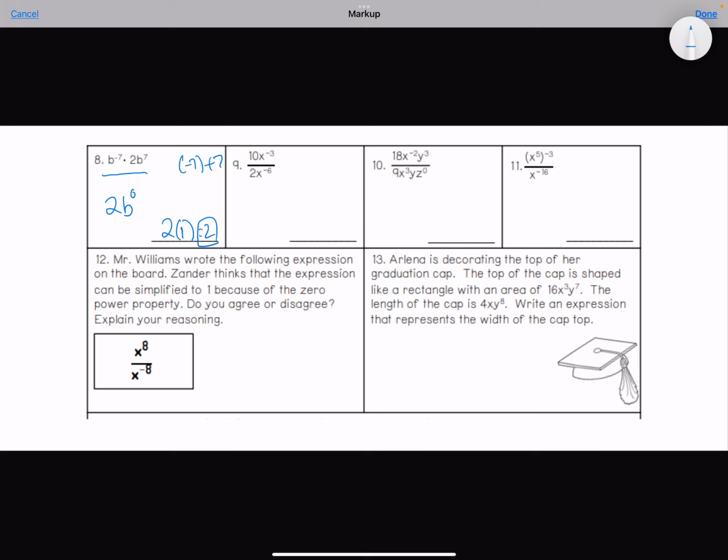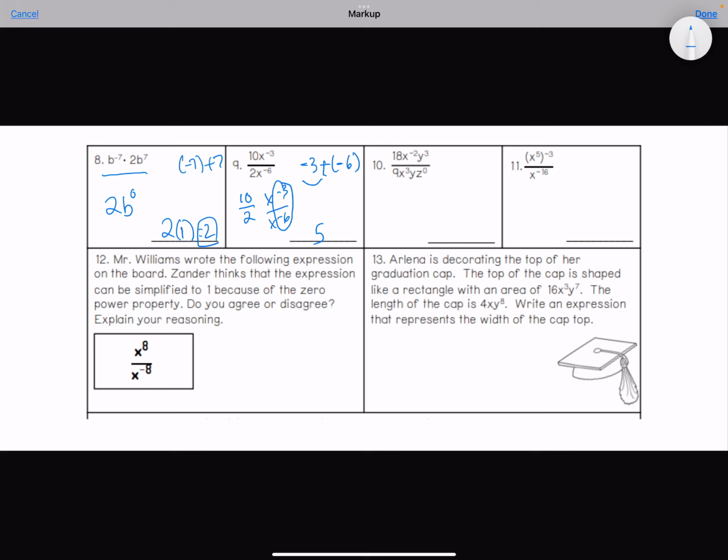For number 9, I'm going to break it apart. Ten divided by 2 is 5. So here I'm using my quotient rule, so I'm going to subtract. So I have negative 3 minus negative 6.